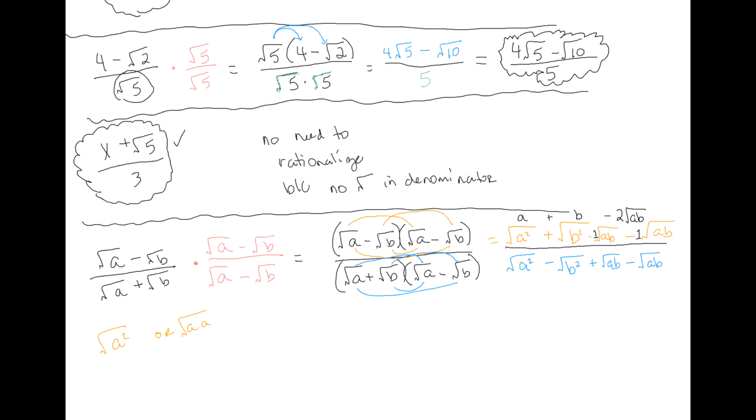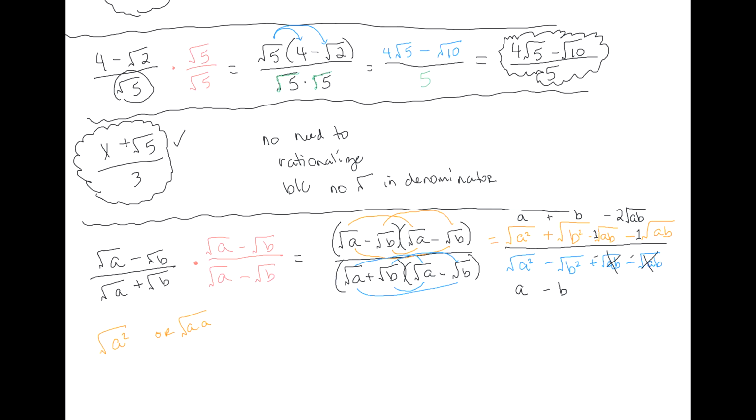In the bottom, I have A outside, minus B outside. These cancel each other, plus square root of AB minus square root of AB. Those are gone.